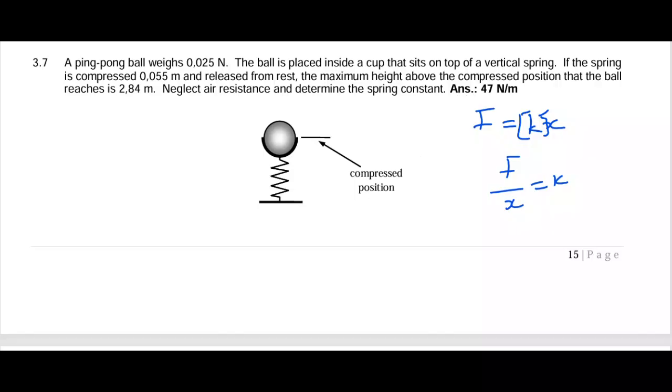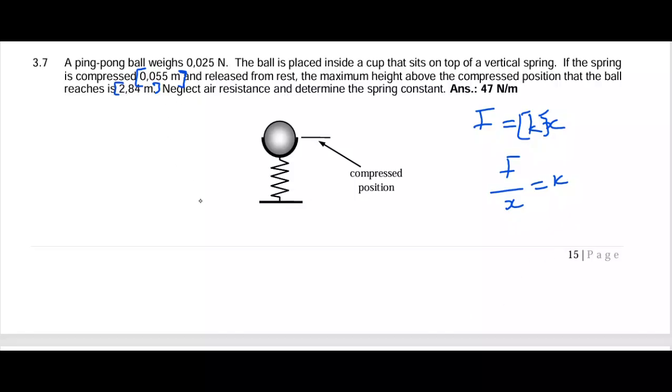So remember, the statement also that we read. So the spring, if you can check here, they say this spring is compressed to 0.055, sorry. So the ball managed to reach the maximum height above the compressed position, which is 2.84 meter.